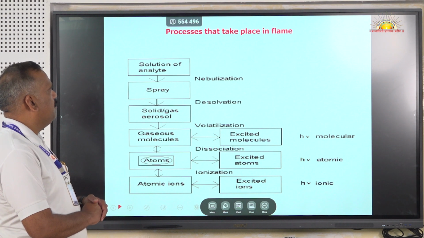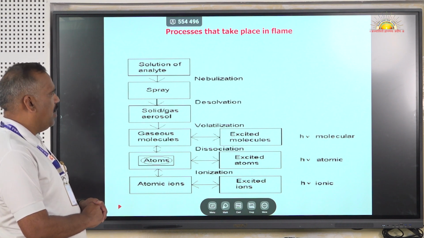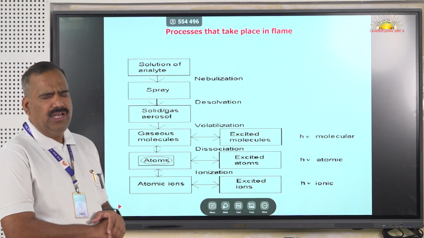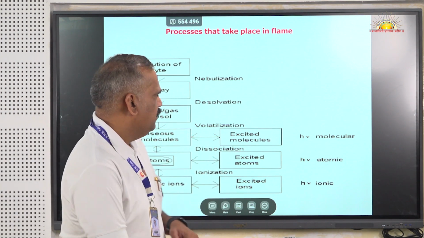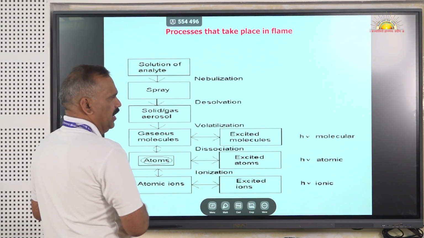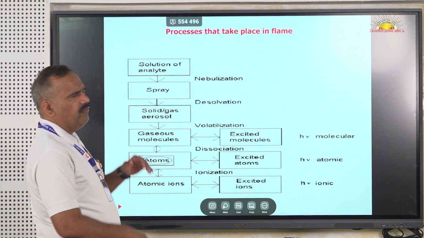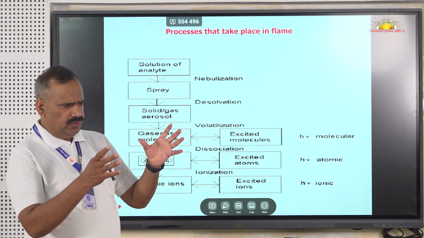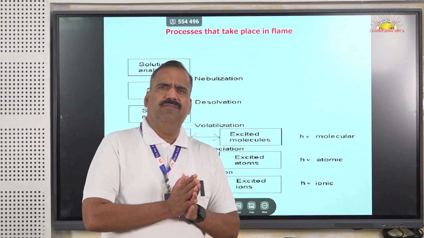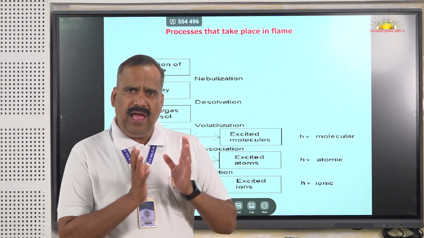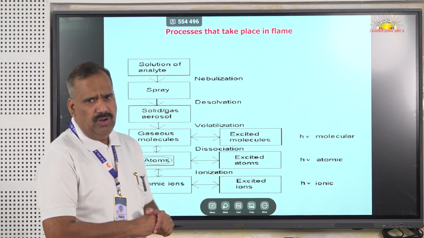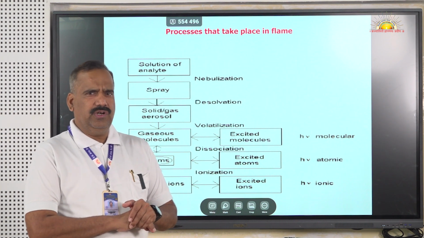Then this is the process that takes place in the flame, or how the process is carried out there. In the first step, as I pictorially showed you in a previous slide, the solution of the analyte is charged to the flame in the form of a spray. Whenever the spray goes inside the flame, there is the formation of aerosol particles, and these aerosol particles are converted into gaseous molecules followed by their constituent atoms.